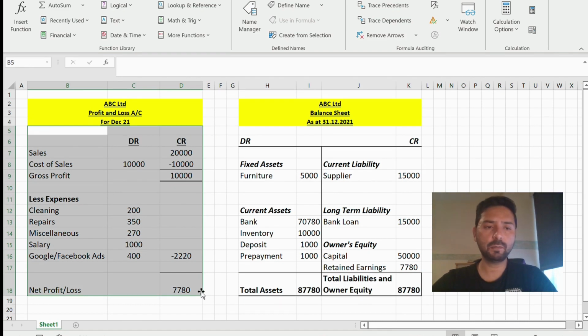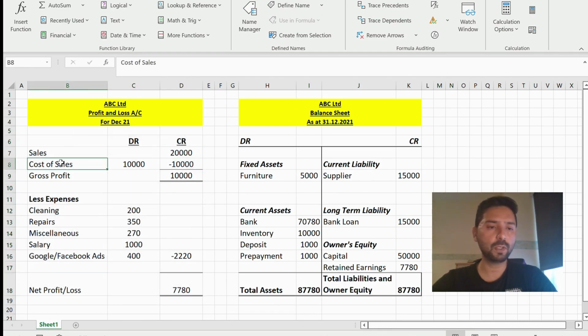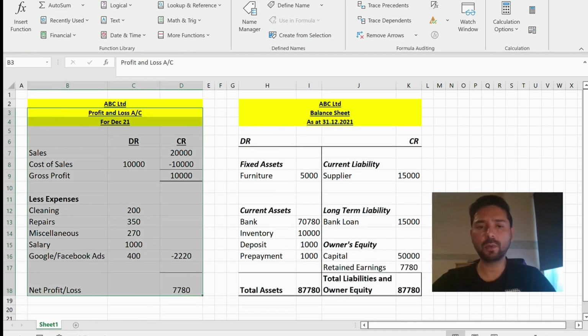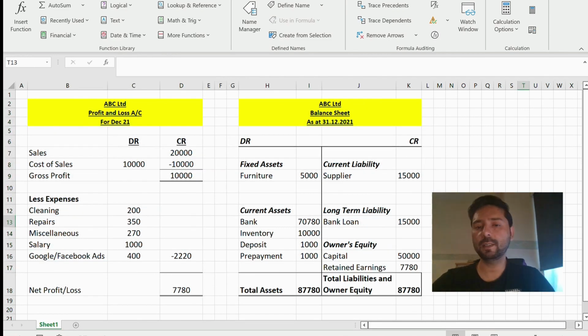What were the sales, how much worth of stock we sold, what were the other expenses that were incurred, and obviously what's the profit. Now I'm going to stop the video right here, but before I do that, I want to tell you that there is a way to analyze these as well. If you are an accountant, or a CFO, or a financial controller or whatever, the minute you create your management accounts, or whenever you do these financial statements for yourself, there is a way to analyze these.